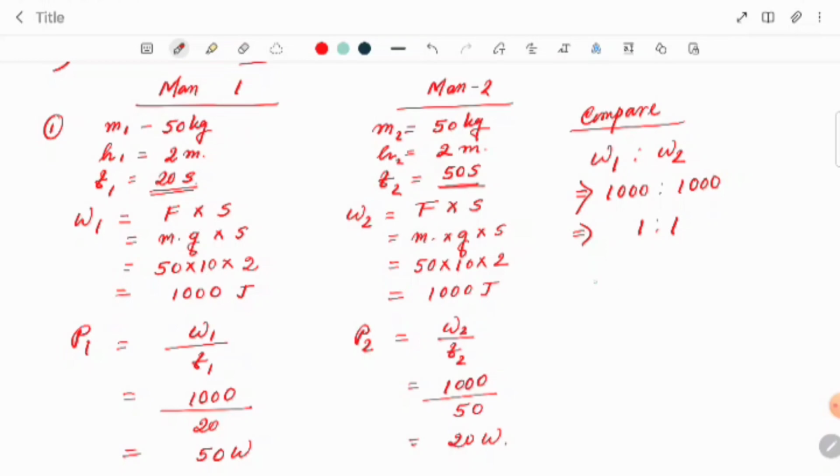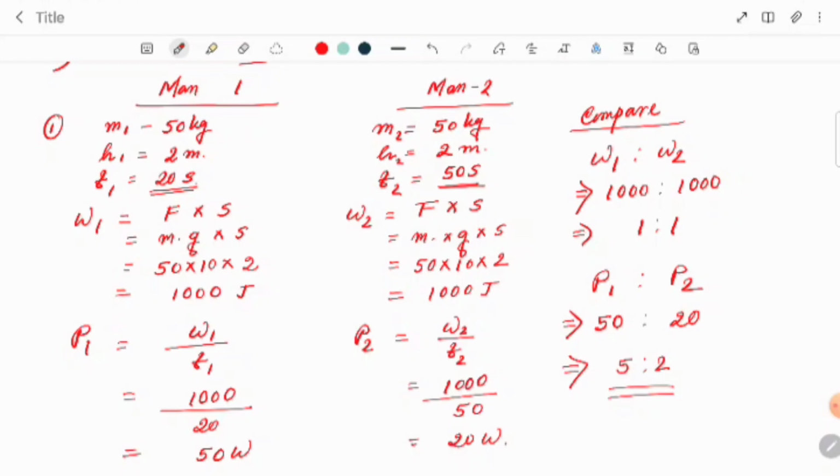Another one is power, we have to compare p1 is to p2 for the two men. The power we have got, one is 50 and another one is 20. So if we do the calculation, we get 5 is to 2.